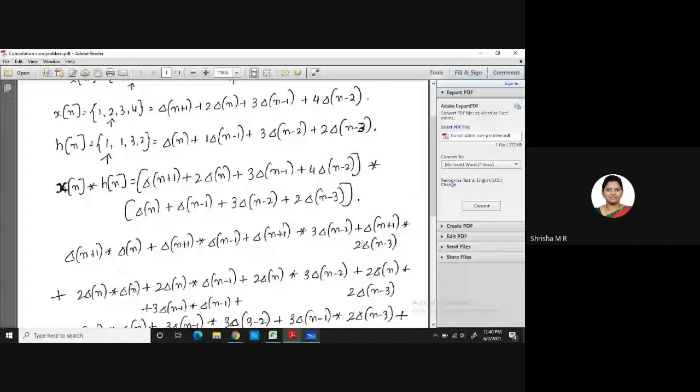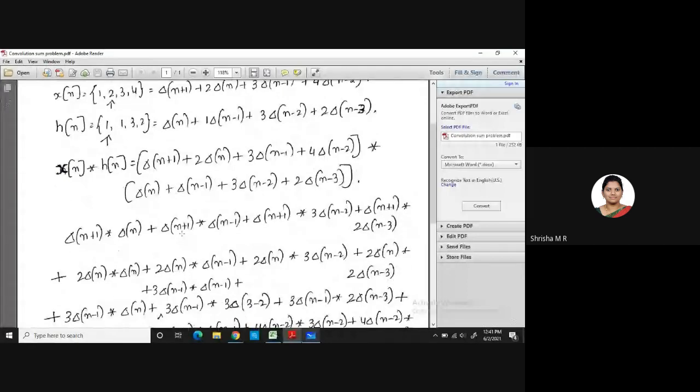Plus, take the second term, multiply with all these. So 2 times delta n convolved with delta n, plus 2 times delta n convolved with delta n minus 1, plus 2 times delta n convolved with 3 times delta n minus 2, plus 2 times delta n convolved with 2 times delta n minus 3. Okay, plus you have this one, plus 3 times delta n minus 1 convolved with delta n.